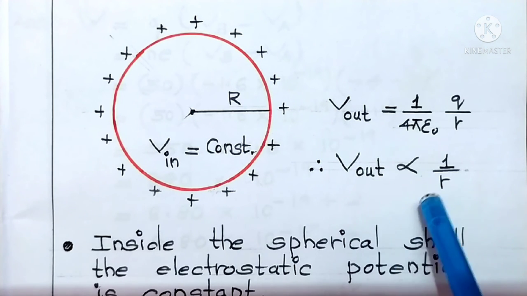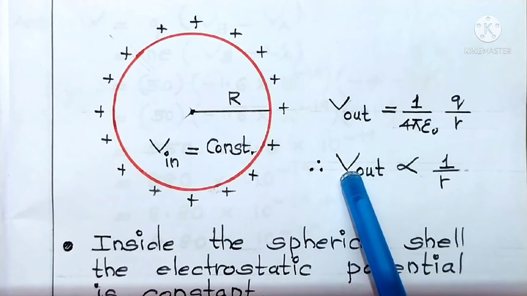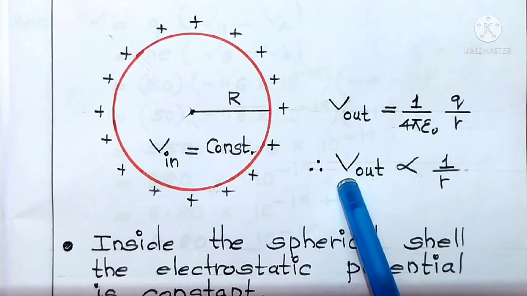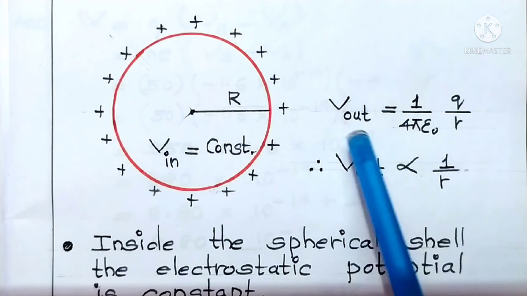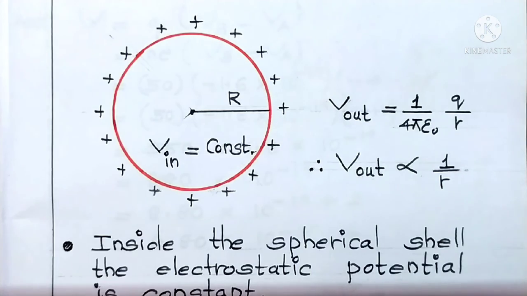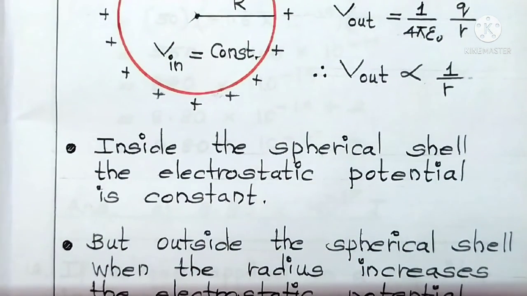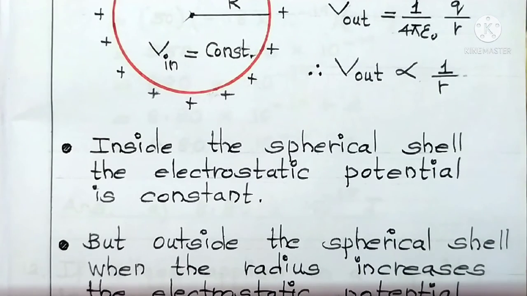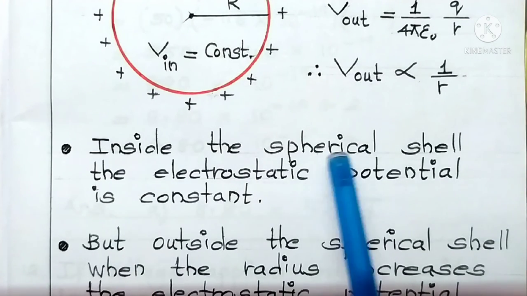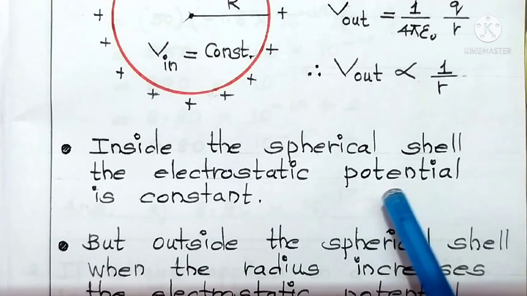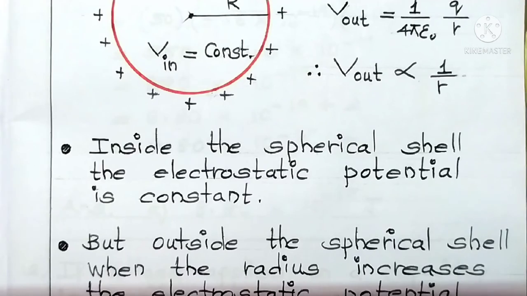That's what inversely proportional means. So as R increases, V should decrease outside the spherical shell. Now, that's what is written below the diagram. Inside the spherical shell, the electrostatic potential is constant.